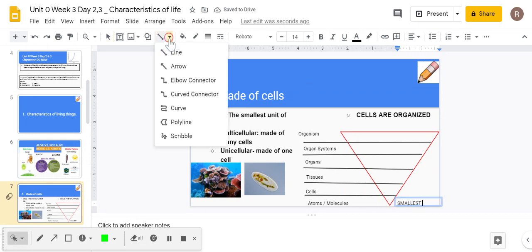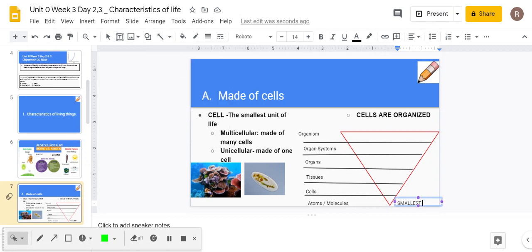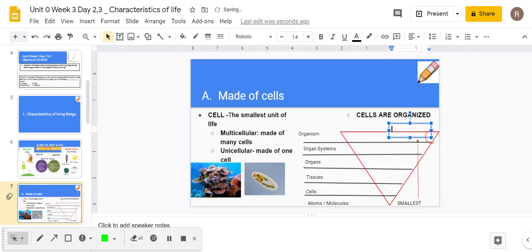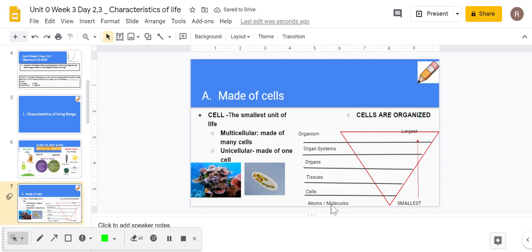I'll put an arrow going up, and we're going to make that red so you can see it. At the top, we have our largest. Atoms and molecules are obviously small, and they make the elements that put together your cells.